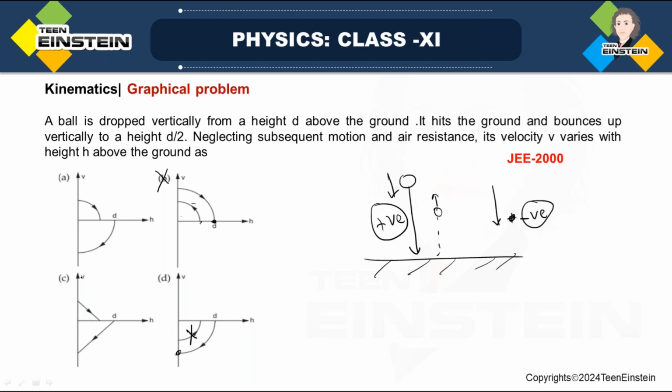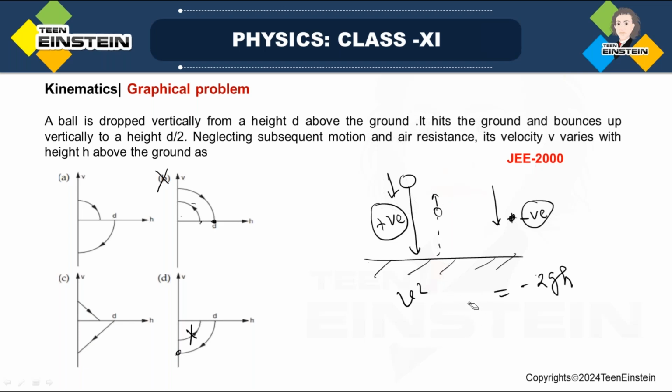Let us find out the relation. So v square minus u square is equal to 2gh. In this case, if I say g is minus, then minus gh, and initial velocity 0, it starts from rest, suppose.